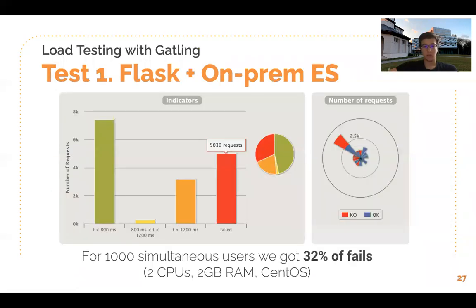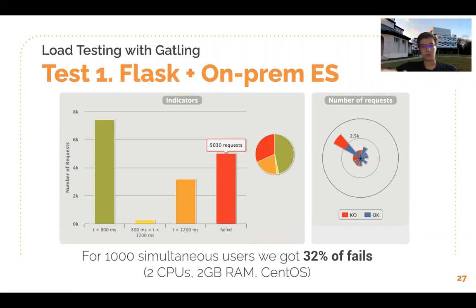We also needed to make some tests to see whether all of our suggestions and improvements made sense. And we have used the Gatling program for that. We have written the scenario of our website usage, and we have launched this scenario for 1,000 simultaneous users.